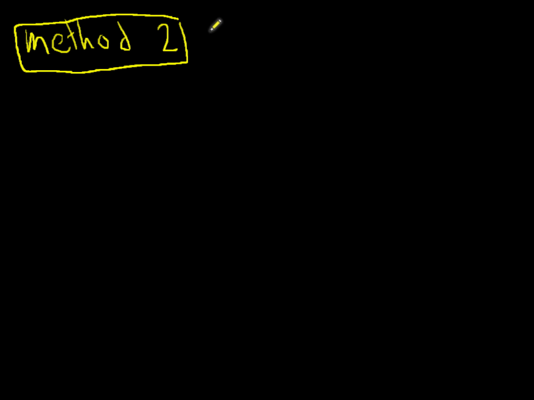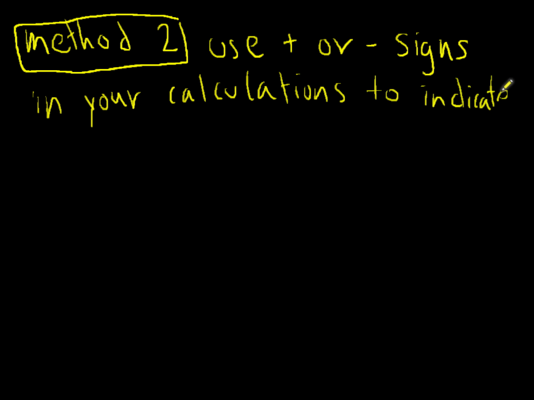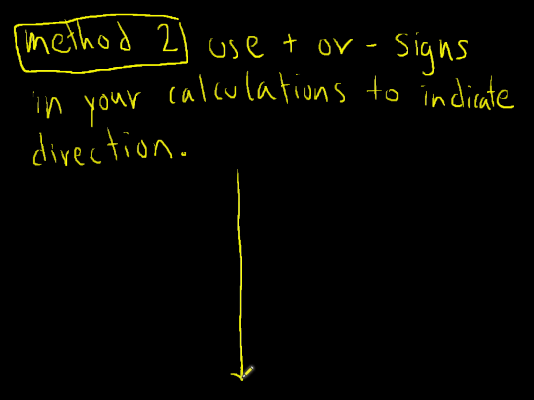The second method for vector addition is to use plus or minus signs to indicate direction in your calculations. The direction signs can be told by looking at our Cartesian coordinate plane.